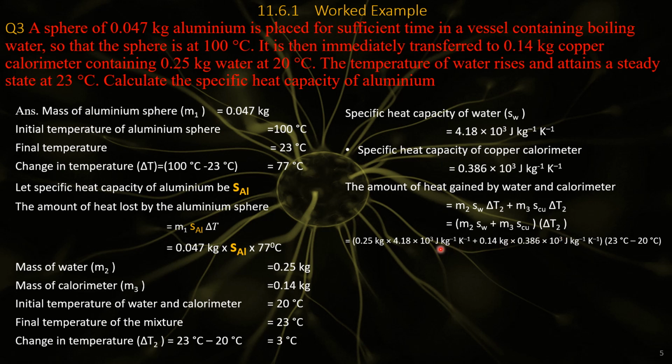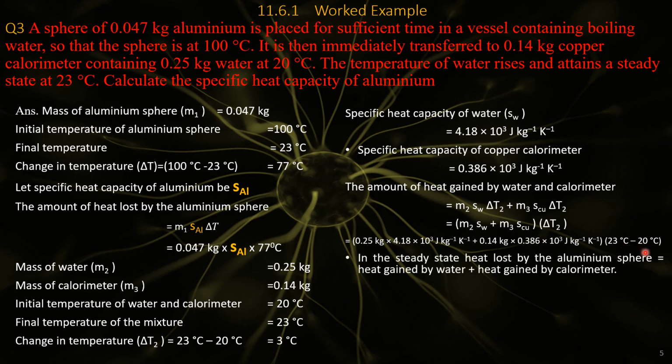Substituting the values, M2 is 0.25 kg and SW is 4.18 into 10 to the power of 3 joules per kg per Kelvin, plus M3 is 0.14 kg into specific heat of copper, 0.386 into 10 to the power of 3 joules per kg per Kelvin, into the change in temperature, 23 degrees Celsius minus 20 degrees Celsius.